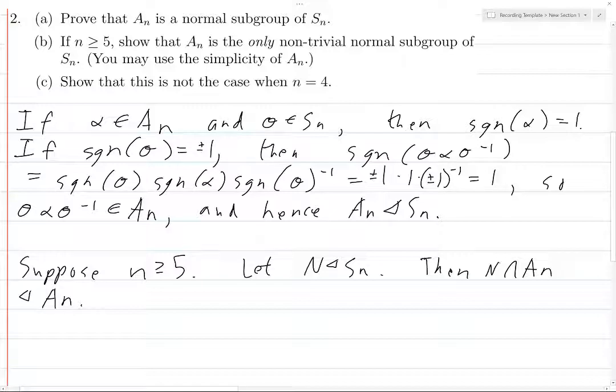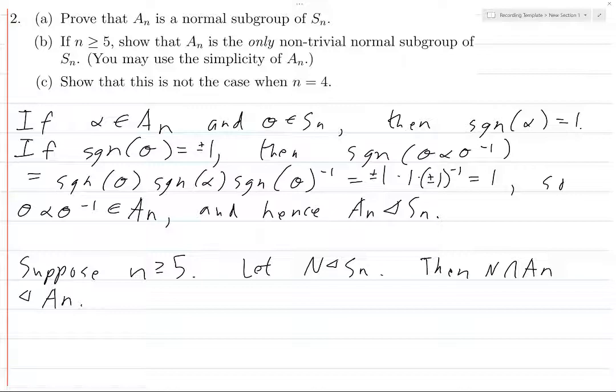Oh wait a minute, is that necessarily true? Well, yes, it is, because N intersect A_n is a subset of A_n, and conjugating by an element of S_n will give us an element of A_n.